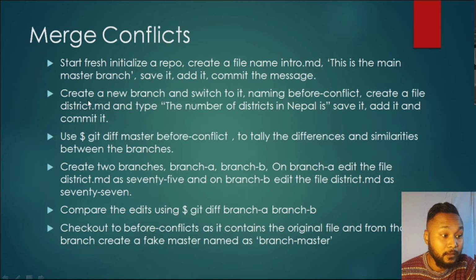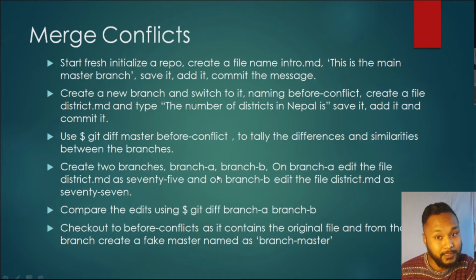Then we create a new branch and switch to it, naming it before conflict. Create a file called district.md, type the number of districts in Nepal is, and save it. Add it to the staging area and commit it. Use git diff master and before conflict to tally the differences and similarities between the branches.